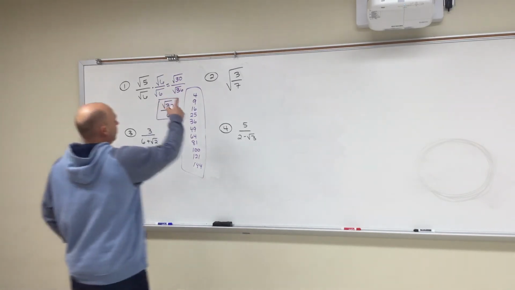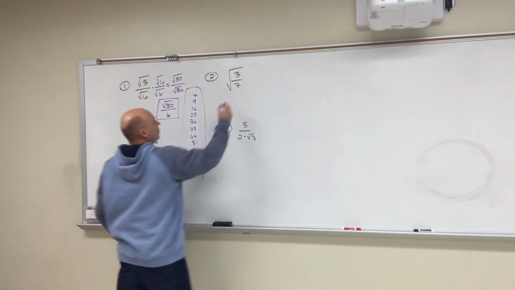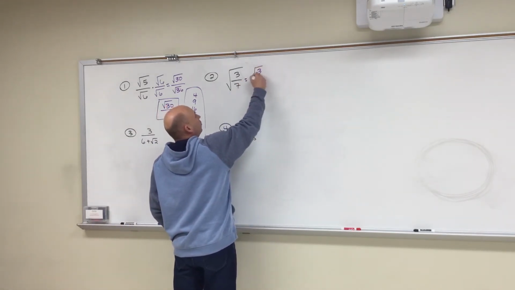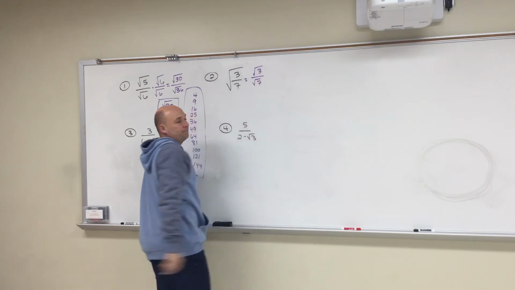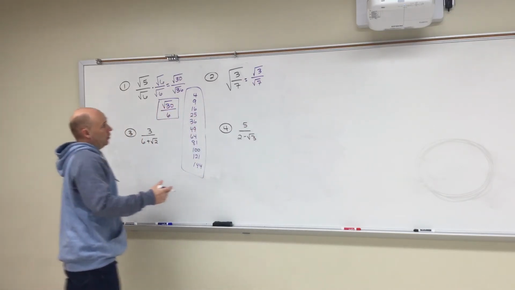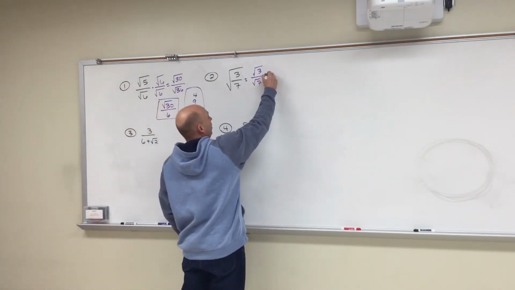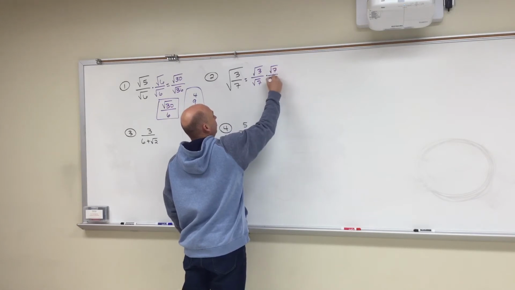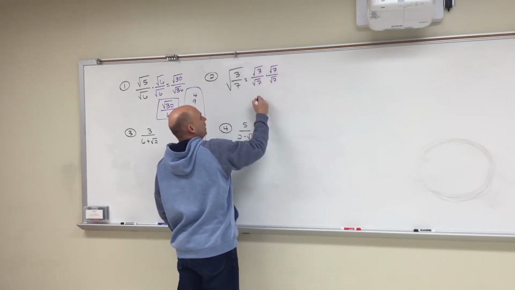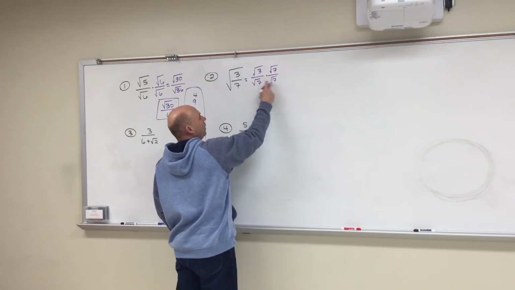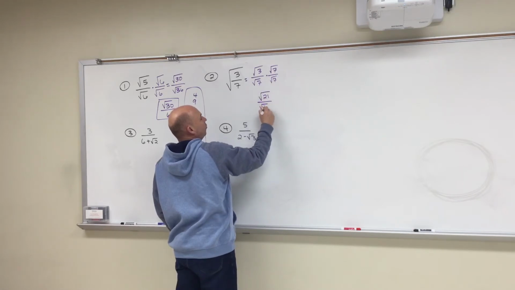All right. Number 2 is another way of rewriting this. So we can write this as radical 3 over radical 7. Again, what I've got to do is get rid of this radical 7. So I'm going to multiply the top and bottom by radical 7 over radical 7. 3 times 7 is radical 21. Radical 7 times radical 7 is radical 49.